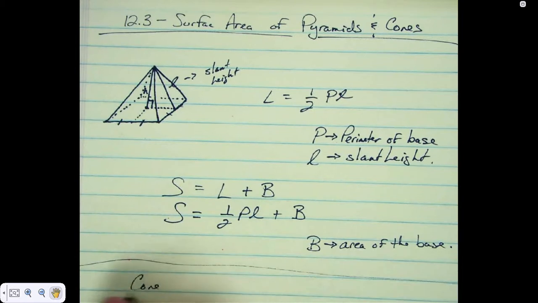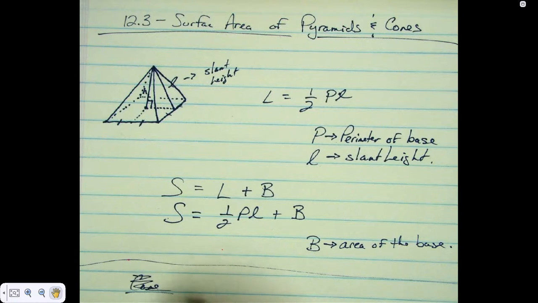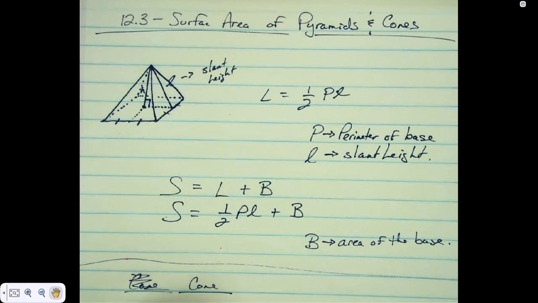Cone. What's the difference between a cone and a pyramid? A cylinder has two bases. I'm sorry, cone, yeah, cone's right. Gotta make a little ellipse there.